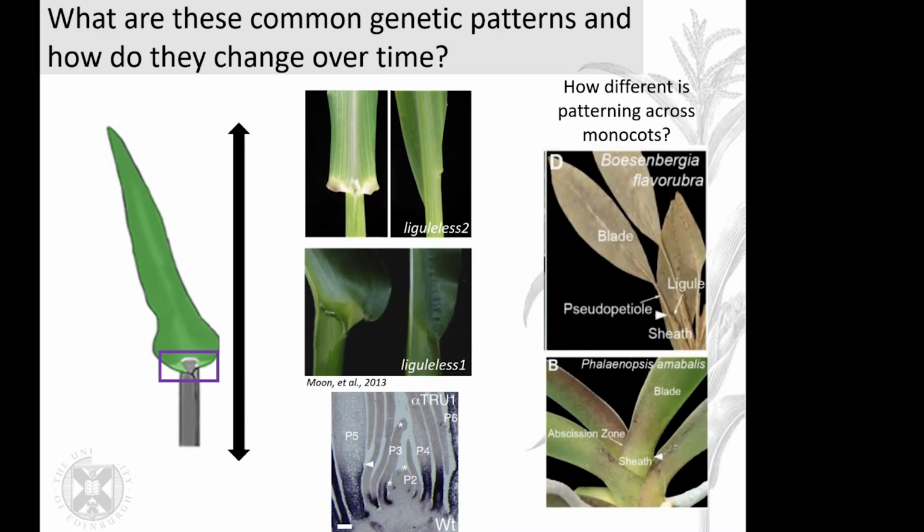Those are all set in the model, and we don't change any of that information at all. What we do change is the equations that say this colored region affects growth in this way. I can tell you that we have close to 30 parameters for the grass leaf model, and we have slightly fewer for the eudicot model, so it's a bit simpler.